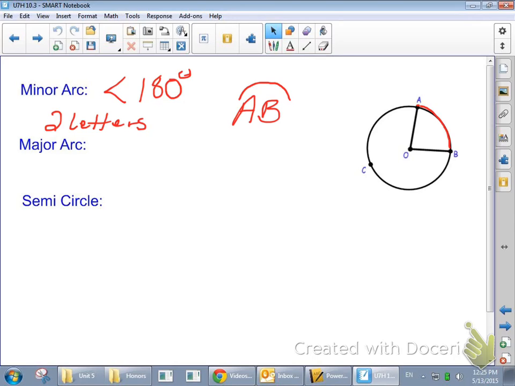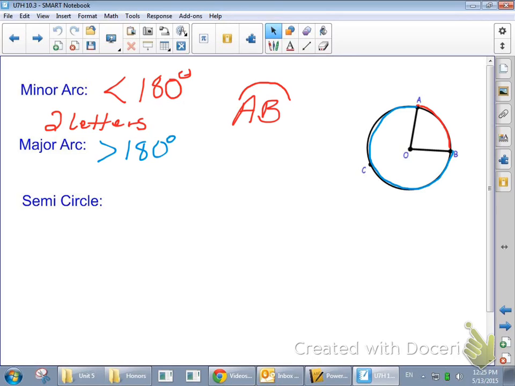All right, we also have a major arc. For our major arc, we need to go greater than 180 degrees. So on this circle here, if I wanted to go from A to B, but the long way, all the way from A through C around to B, that would be called a major arc.